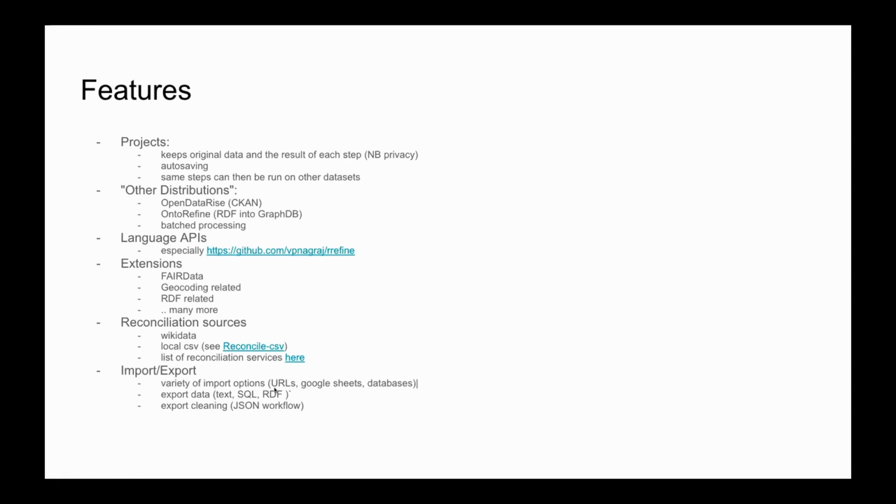There are interesting options such as URLs, so if you've got a collaborator who's publishing updates by URL, you can ingest that. You can also ingest from a database. The export options are quite rich also. There's text, you can use templating languages, and SQL for database. And you can export your cleaning steps as a JSON workflow.